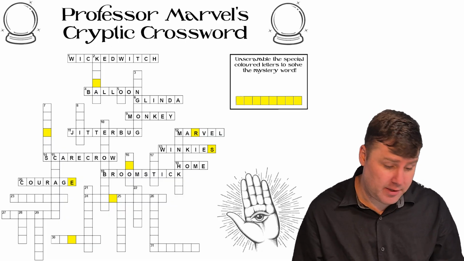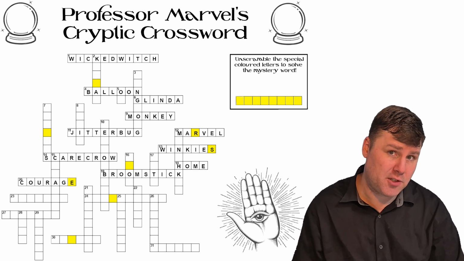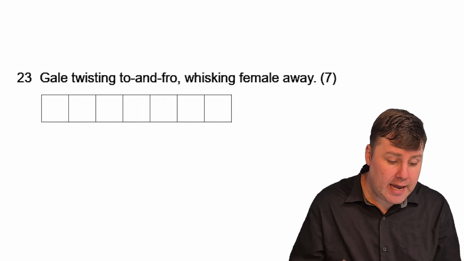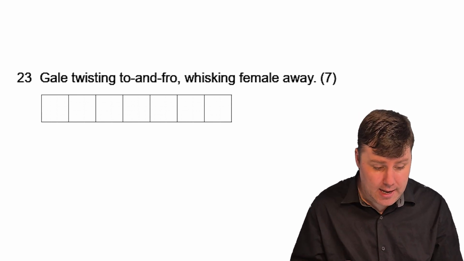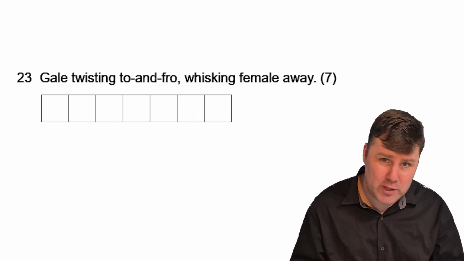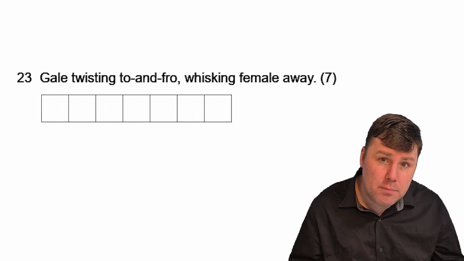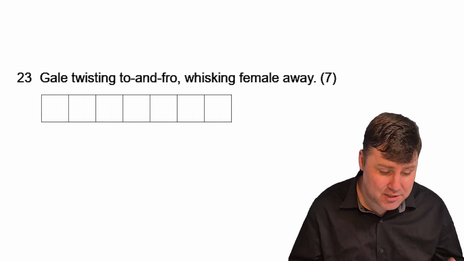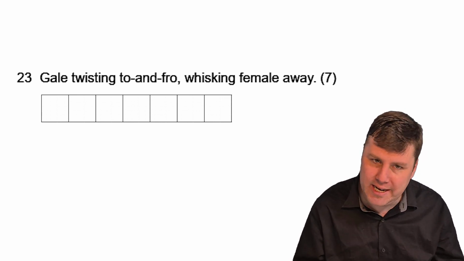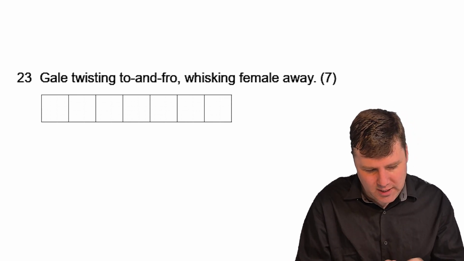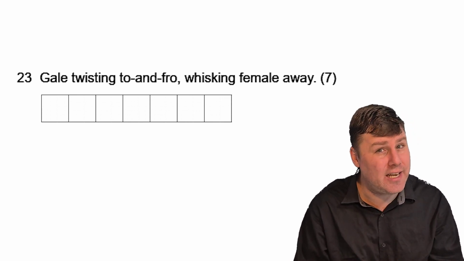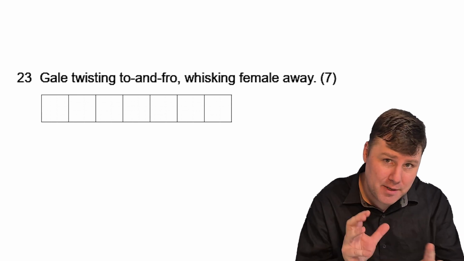23 across. Now this clue fooled a few of my friends on early readings. Gale twisting to and fro, whisking female away. Now, for those of you familiar with The Wizard of Oz, Dorothy Gale is the name of the female protagonist, so they thought this might be a Dorothy-related clue, 7 letters. But let's go through it again. We again see the word twisting, which suggests some movement of the letters.